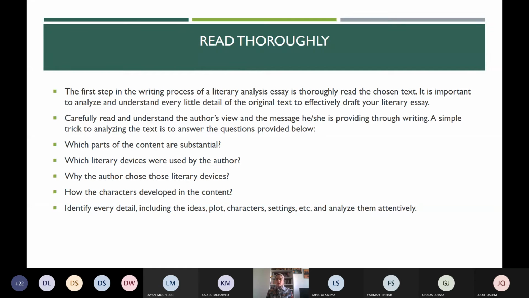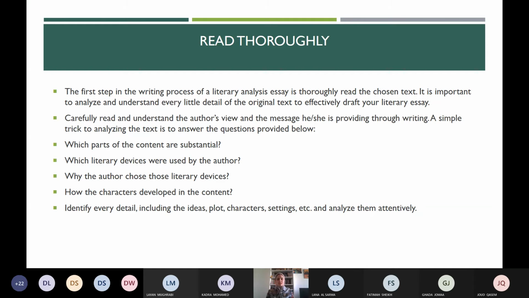Why did the author choose this literary device? Because flashbacks clarify the plot, or explain the motivation for the character, why he acted this way, and how the characters developed in the content.